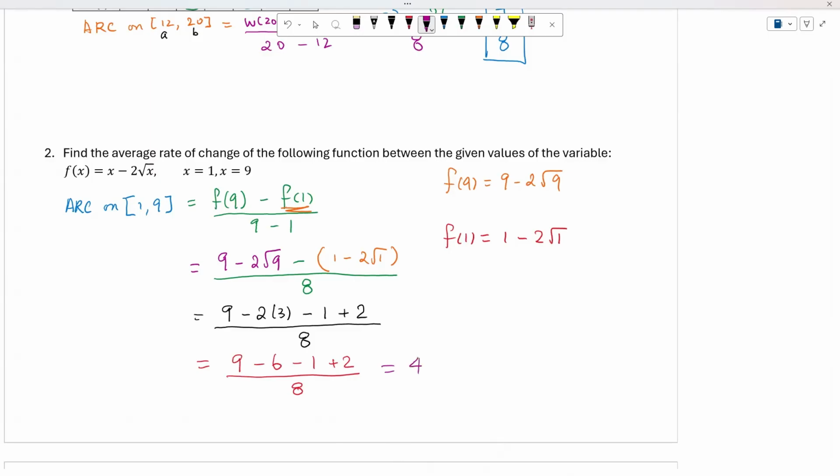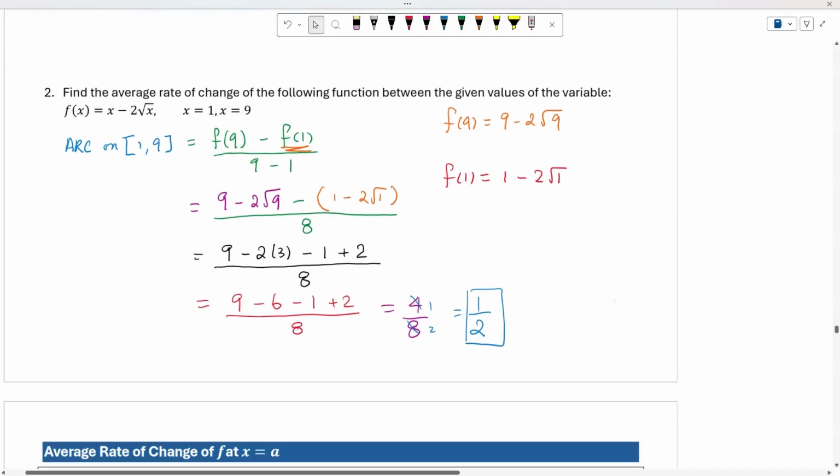So I will have 4 over 8. And then we want to simplify this. So my answer will be 1/2, right? Okay. Remember, when you work on the test problem, you always simplify your answer.